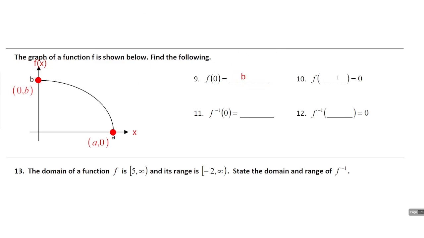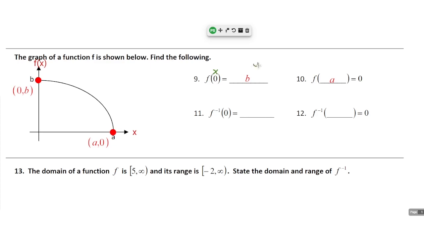Number 10 says f of what is 0? So f of what x value outputs 0? Well, that's going to be here, it's a. F of a is 0. For number 11, it says the inverse of f at 0 is what? So remember, if it's just the normal function, input is the x and the output is the y.